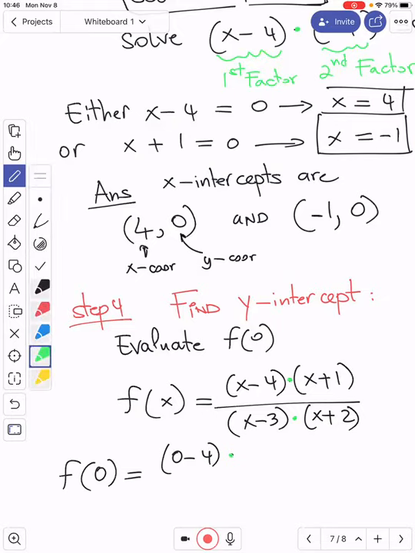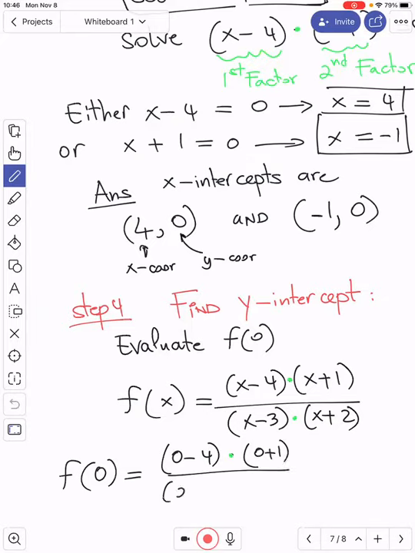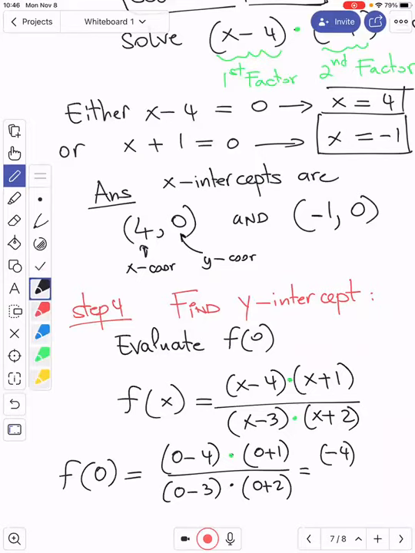So 0 minus 4 is negative 4, times positive 1, over negative 3 times the positive 2.